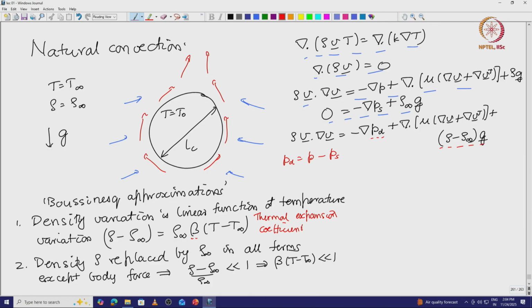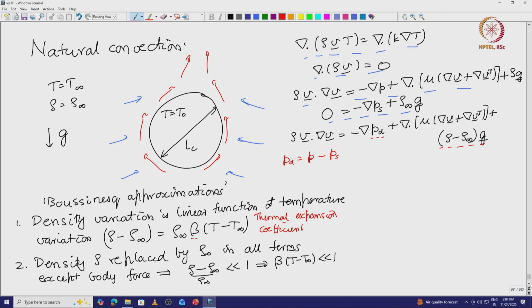For this gravitational force alone we consider the variation in density. If we did not consider the variation in density here, there would be no forcing, and therefore you would generate no flow. So, we consider this only in this gravitational acceleration term. We neglect density variations in all other terms.